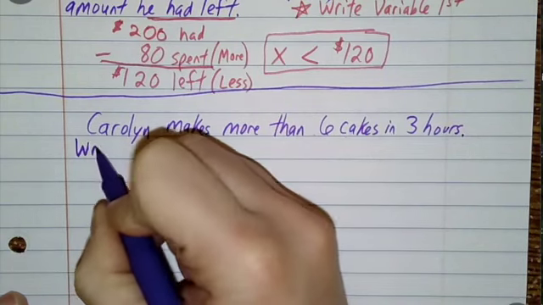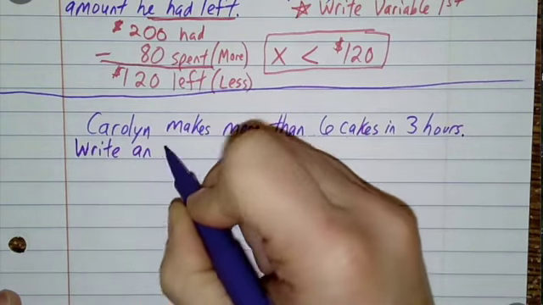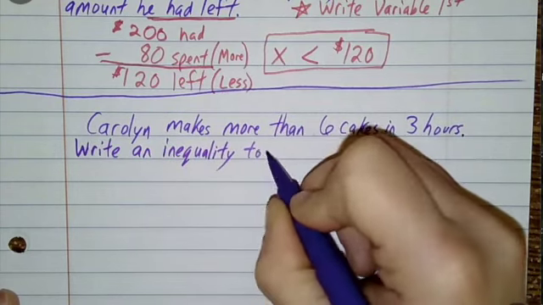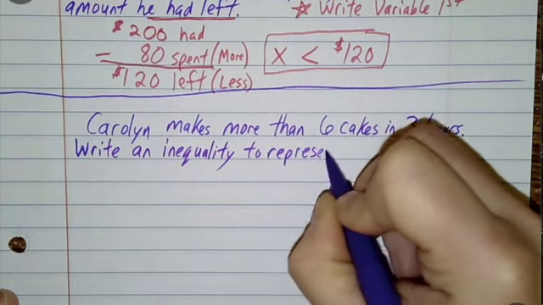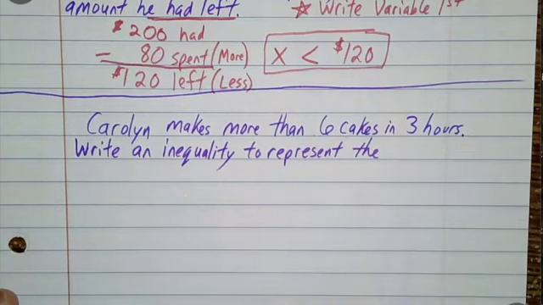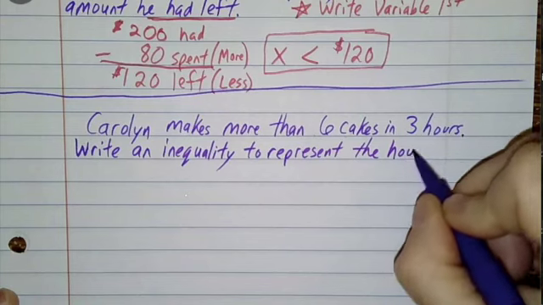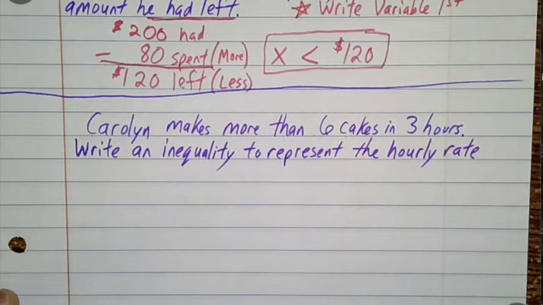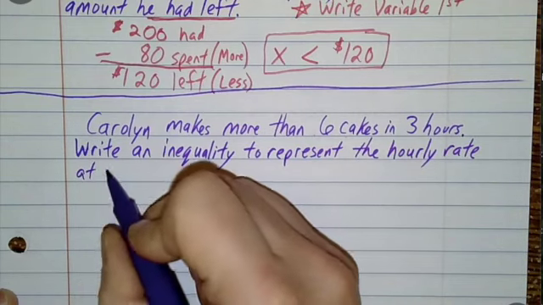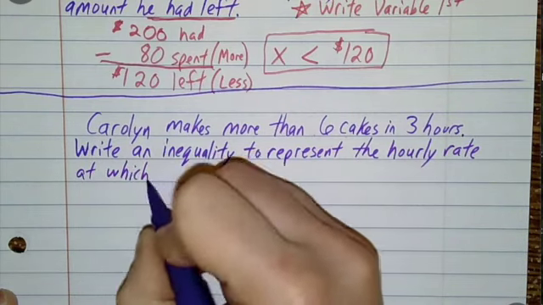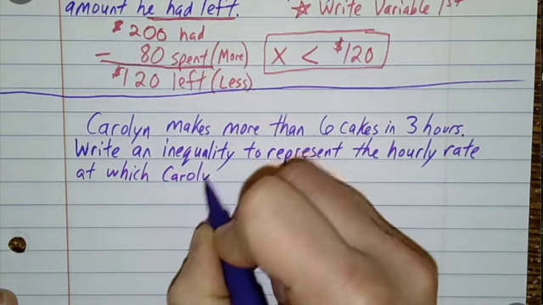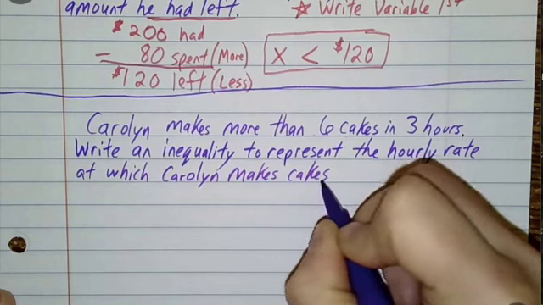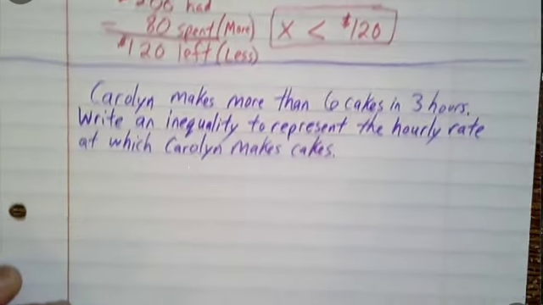Can you write an inequality to represent the hourly rate, so that's another ratio term, hourly rate, if you remember what rate means, at which Carolyn makes cakes.